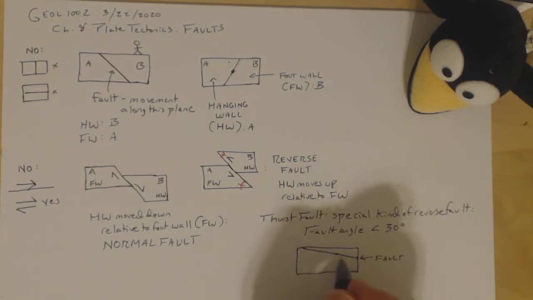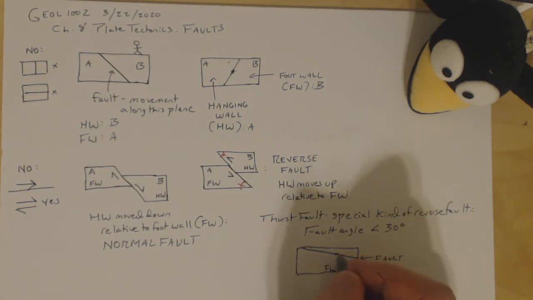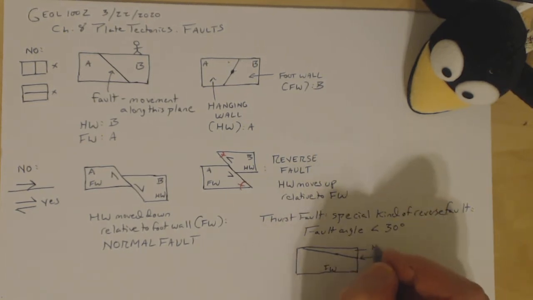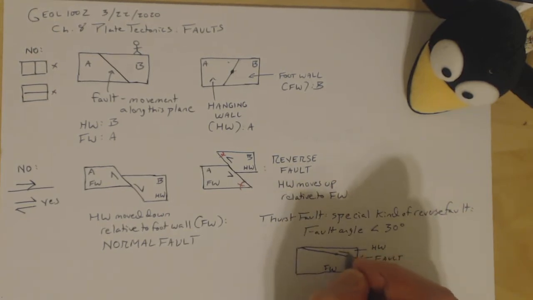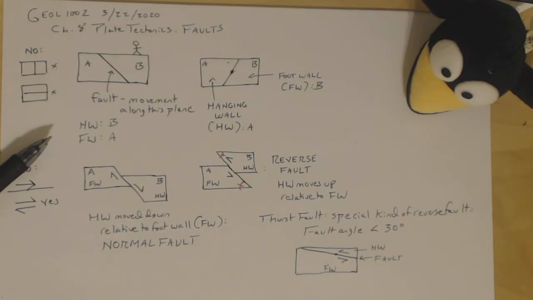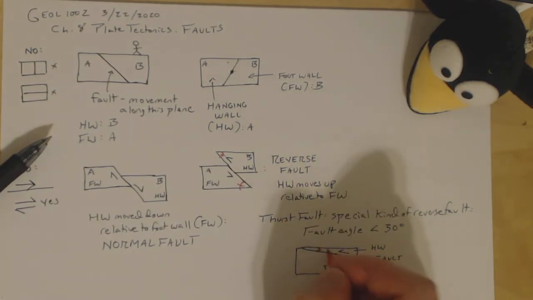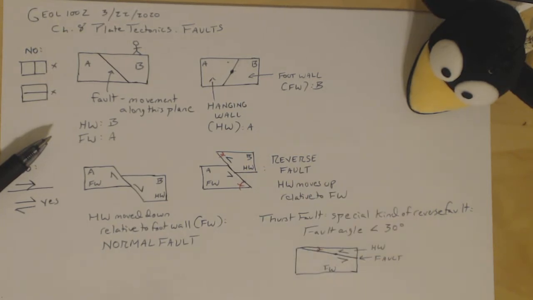There's going to be slippage or movement along that fault line. You go down, and this would be the footwall. You go up from that line. This is the hanging wall. The hanging wall is going to slide up relative to the footwall, and that angle, the fault angle here, is less than 30 degrees. So as a result, we call this a thrust fault, a shallow angle reverse fault.